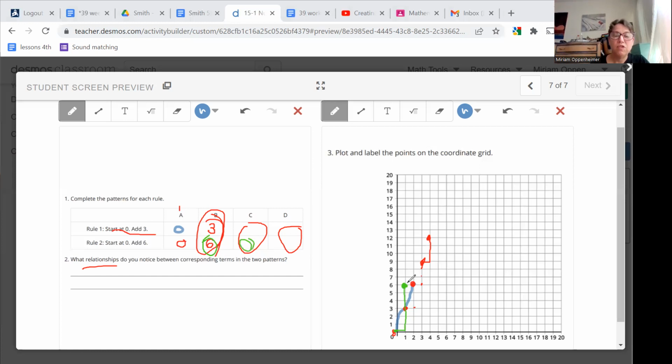It's going to just move over 1, but then move up 1, 2, 3, 4, 5, 6. Okay, see what's happening? So use a different color to do that. So this is 1. Each one is going to move over 1. We always go left and right first, and then we go up and down.